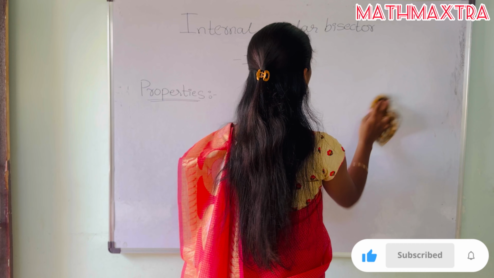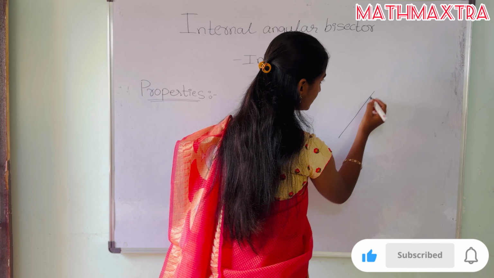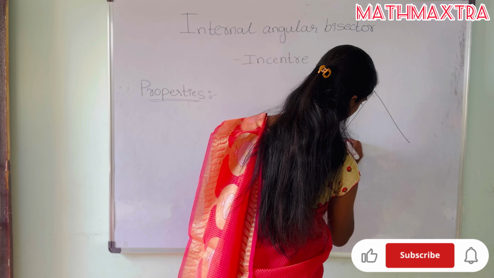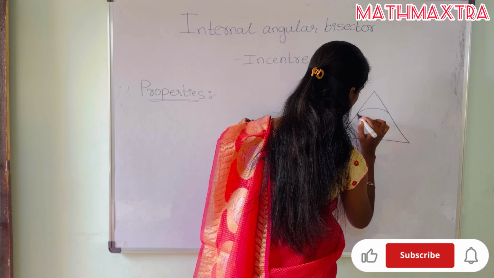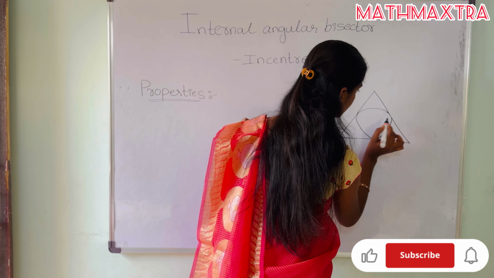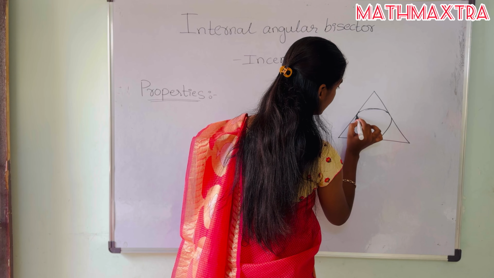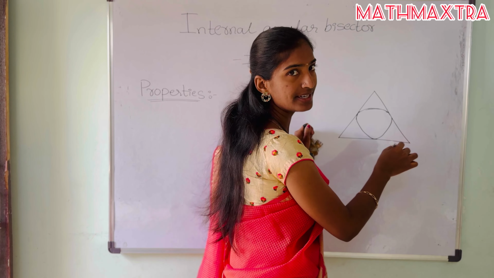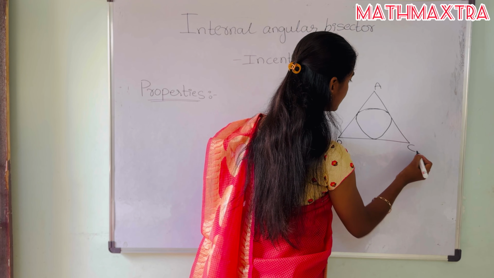The next property is, see, you take one triangle. If you draw a circle which touches all the three sides of a triangle. Okay. So let us consider this is a triangle and the circle touches all the three sides. So this is triangle ABC.